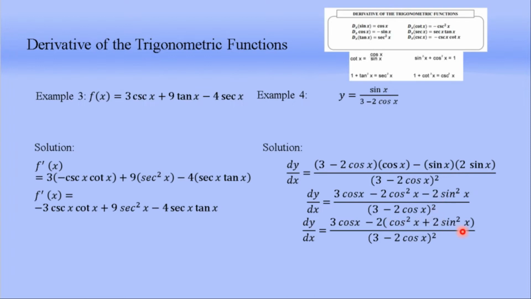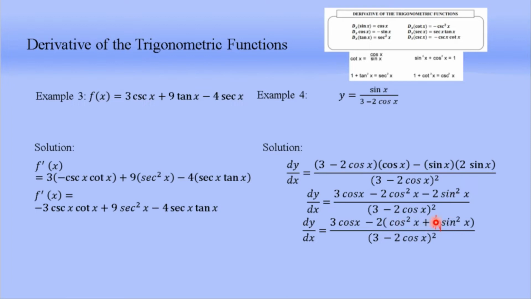So as you can see, based here on the identities of trigonometric functions, we can simplify cos squared x plus sine squared x simply as 1.